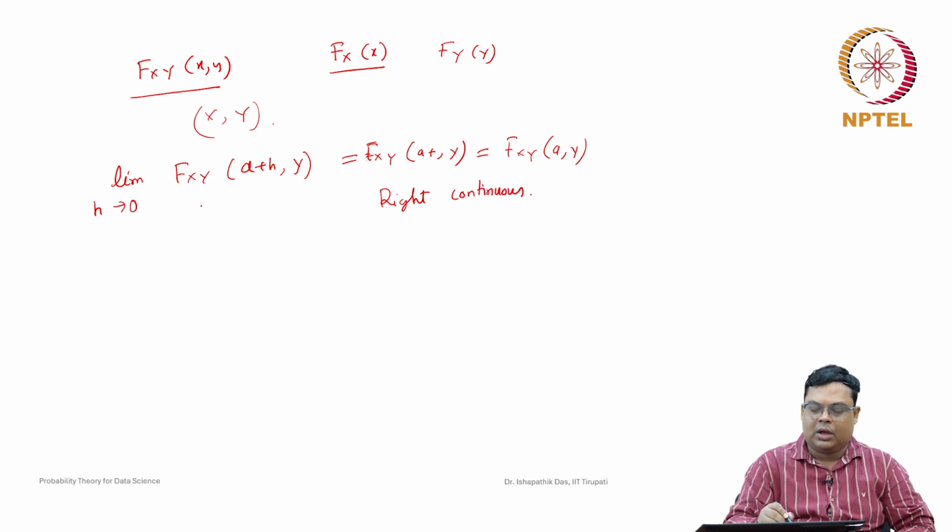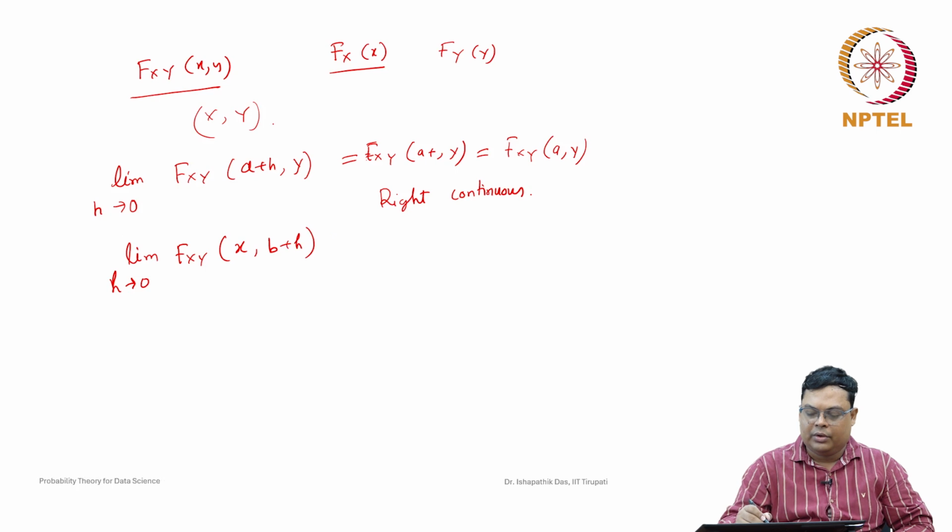Similarly, for the other coordinate we can show that at x, b plus, for some value b, we can write the limit as h tending to 0 of F_XY(x, b plus h), where h is a positive number tending to 0, defined as F_XY(x, b+), which is equal to F_XY(x, b).